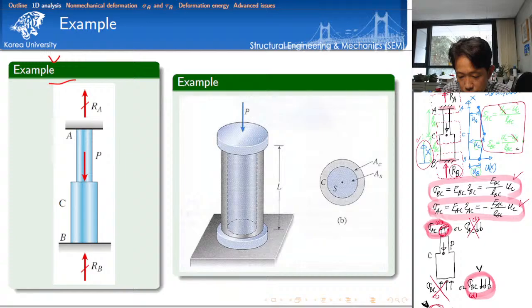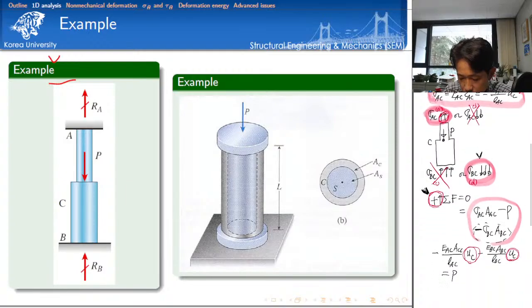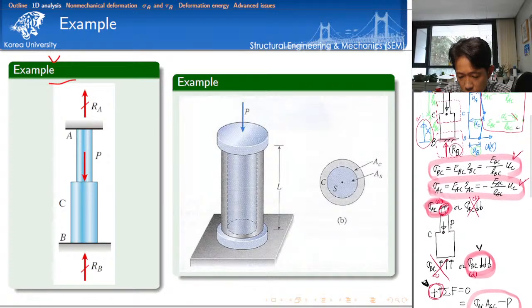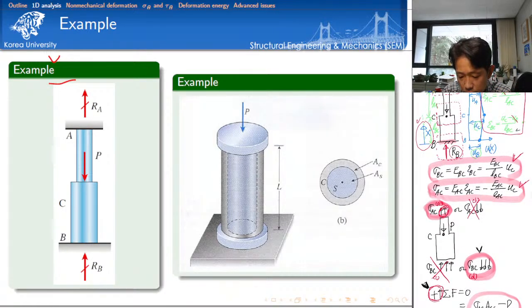So I want to choose the default direction of the reaction. So now let's check one by one. Since we just finished our calculation for the normal stresses, now we can determine the reactions using the force equilibrium for this free body diagram and for this free body diagram.